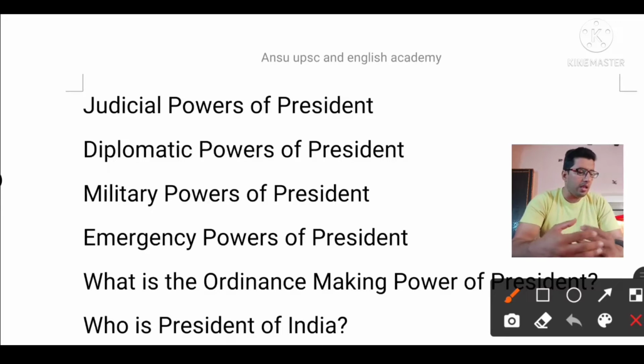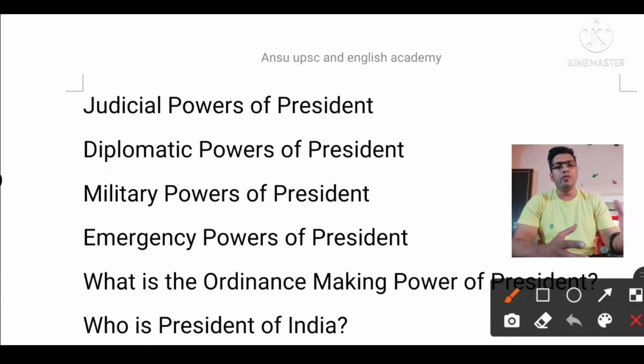And if the president visits any country for enhancement of relations between countries, that is on the aid and advice of the prime minister. If the prime minister says that we want to enhance cordial relations with another country, then on the recommendation of the prime minister, the president visits that country.